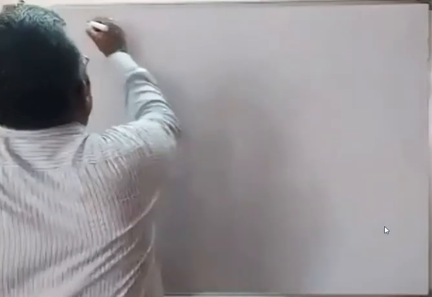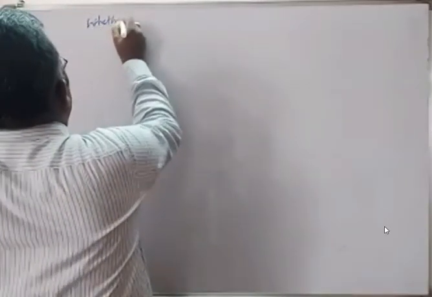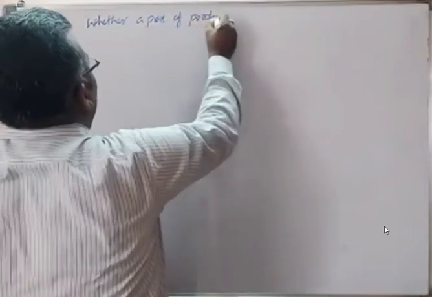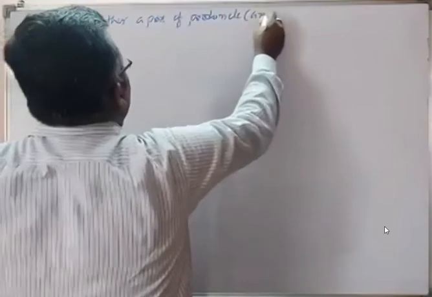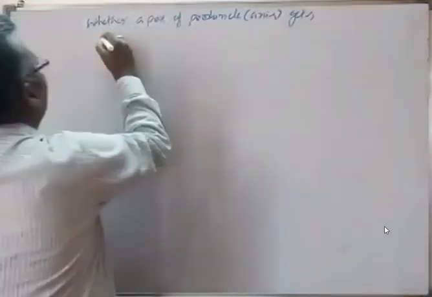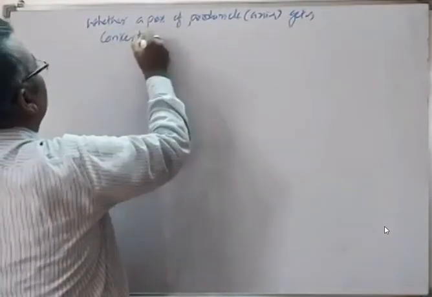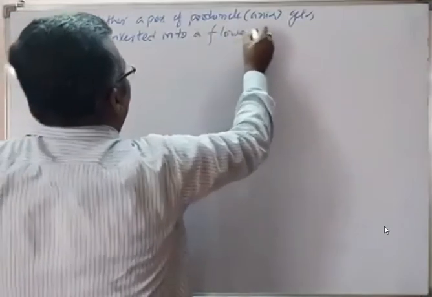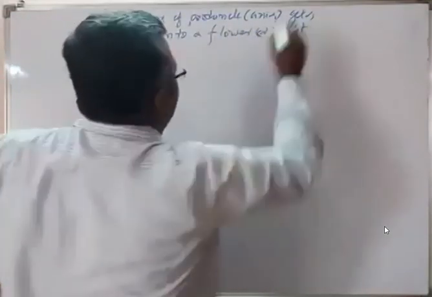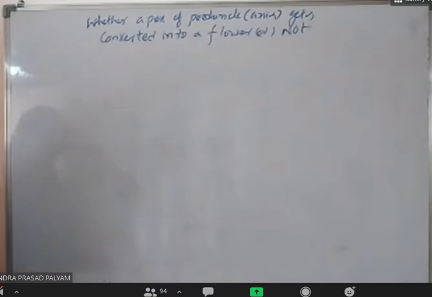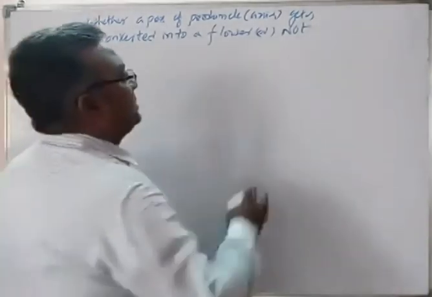Whether apex of peduncle or axis gets converted into a flower or not, affects whether it gets converted into a flower or continues to grow simply.